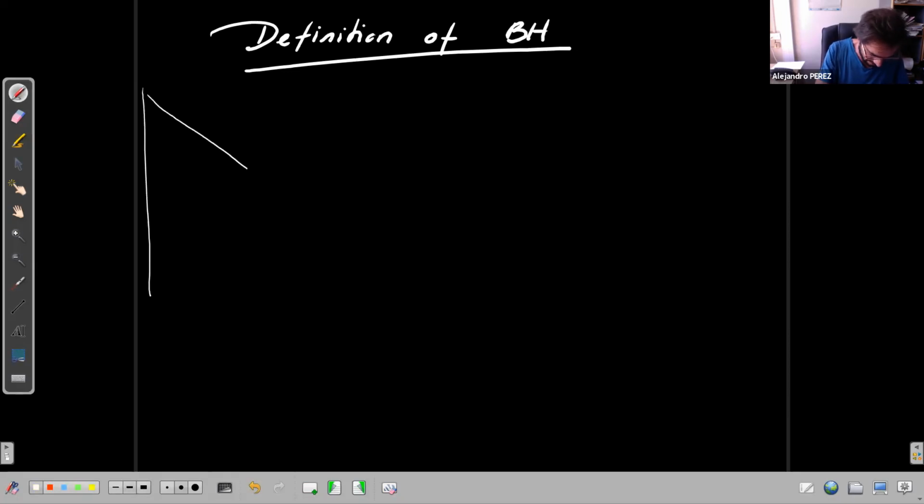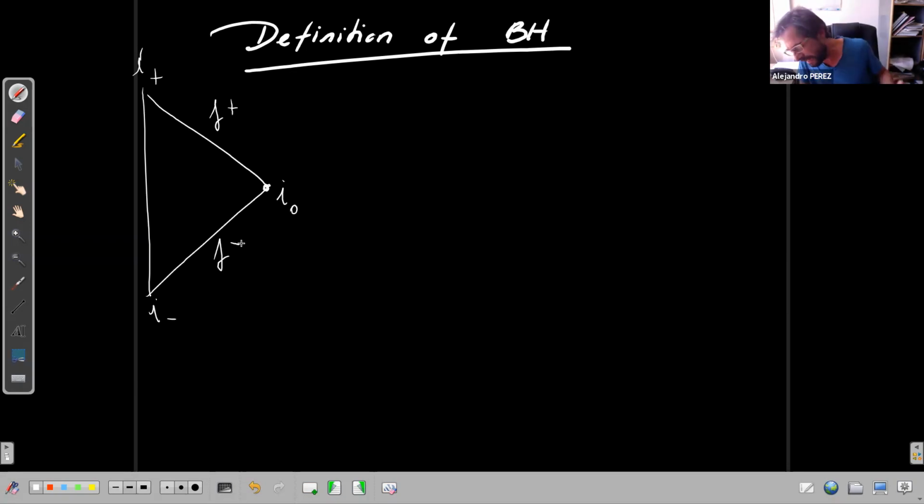Minkowski has the structure of infinity: i naught, i minus, i plus, scri plus, and scri minus. Intuitively, anything that is asymptotically flat, and in fact the way you define a spacetime to be asymptotically flat is by demanding that the structure of infinity is the same as the one you find in Minkowski spacetime.